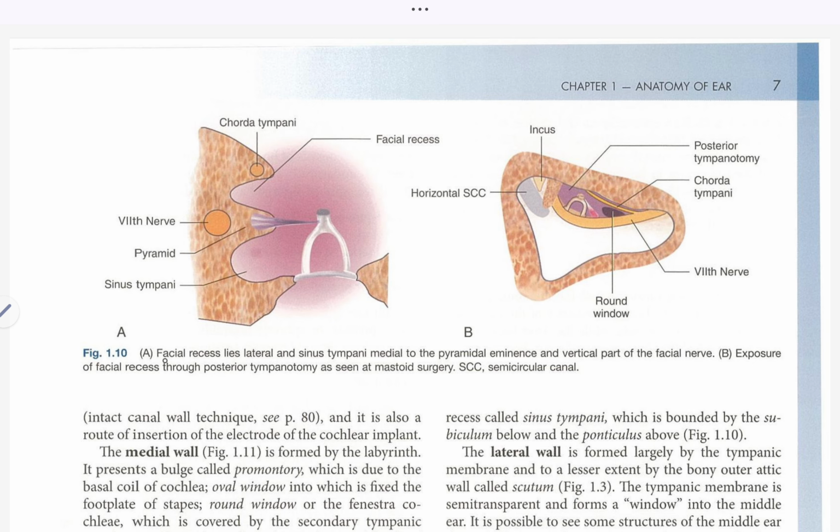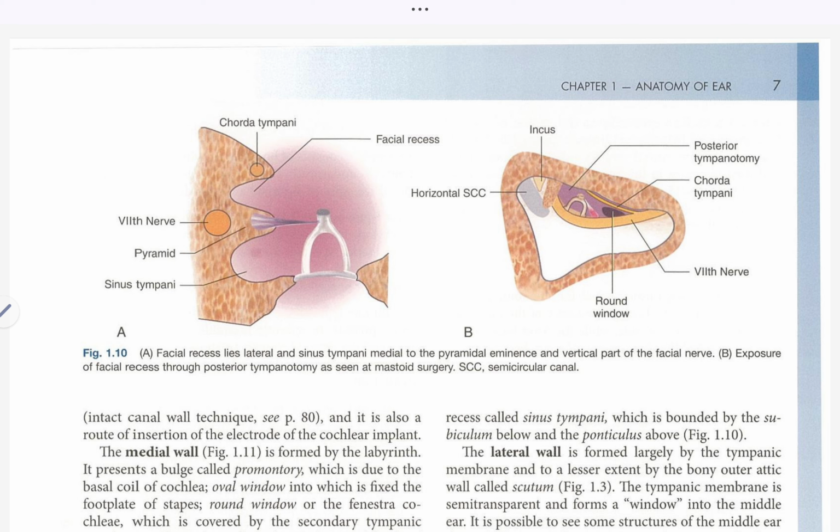Figure 1.10. A. The facial recess lies lateral and sinus tympani medial to the pyramidal eminence and vertical part of the facial nerve. This is the chorda tympani. This is the cranial nerve 7, pyramid, sinus tympani. This is the stapes. This is the facial recess.